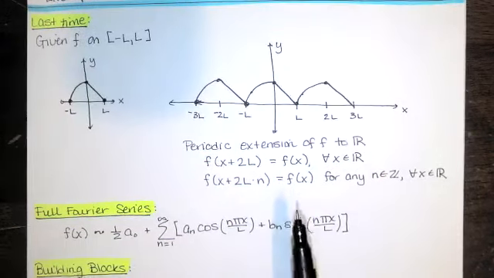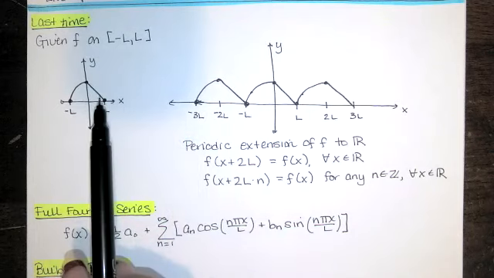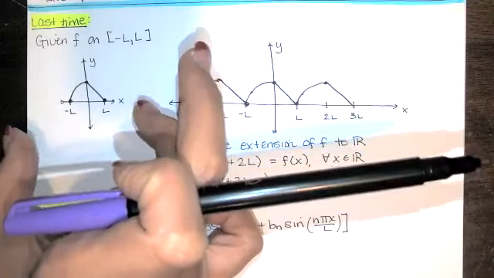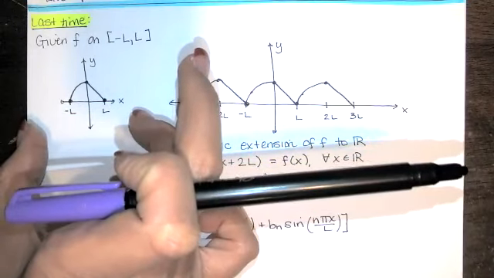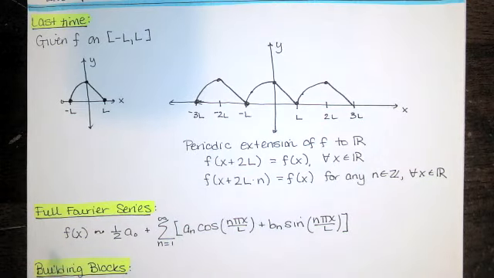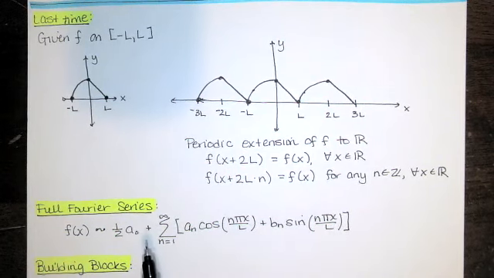Now, we've turned a function on the interval from negative L to L into a periodic function with a period of 2L. It makes sense to think of expanding that function in a series that looks like this.